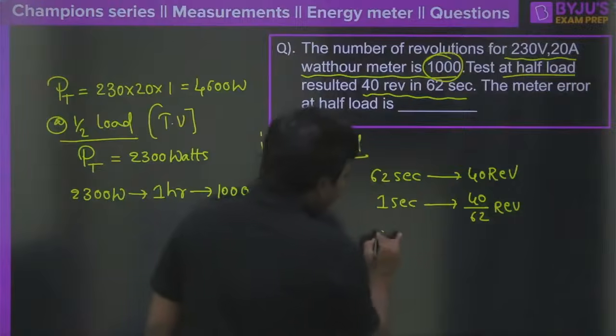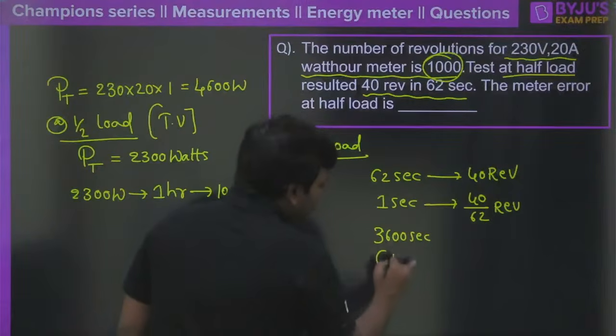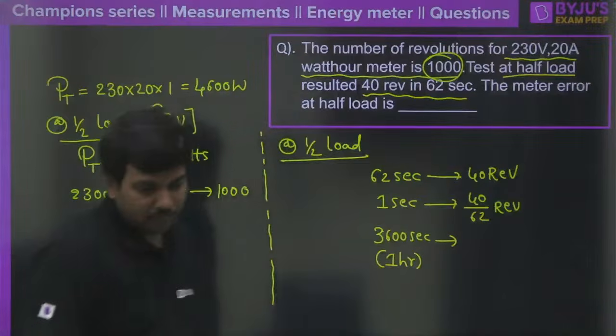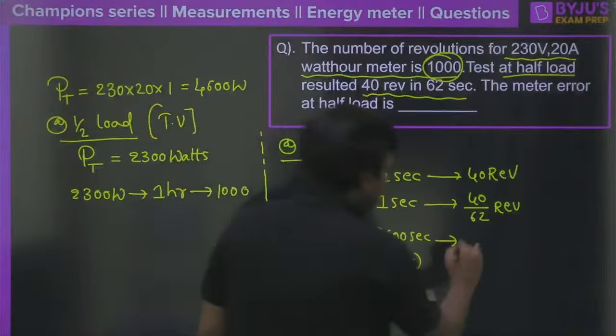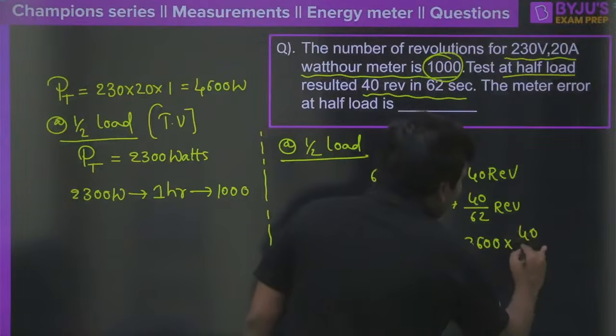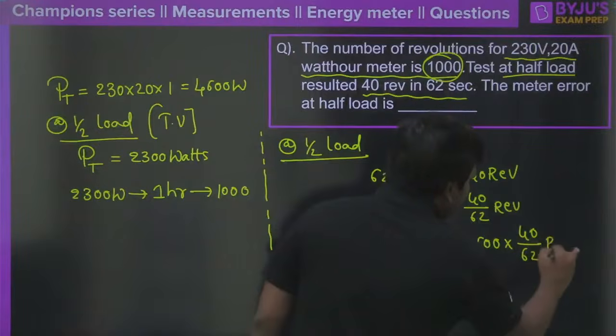Clear? Then look at 3600 seconds, which is called 1 hour, and look at how many revolutions it is going to make. So it is 3600 into 40 divided by 62 revolutions.